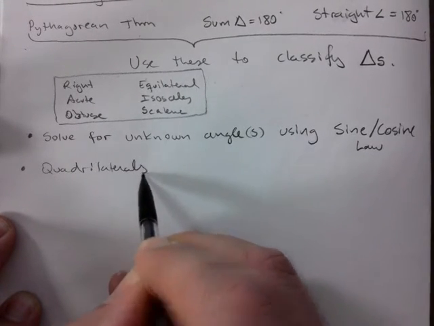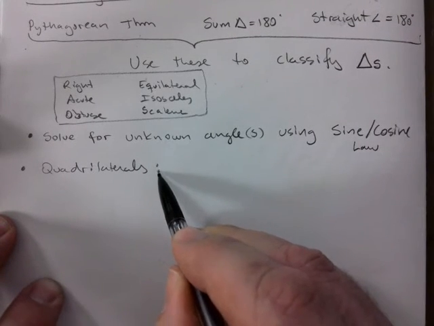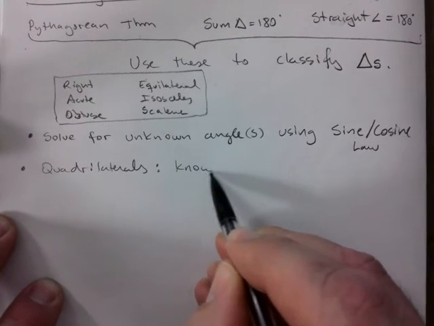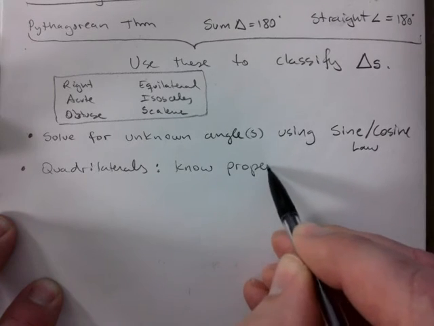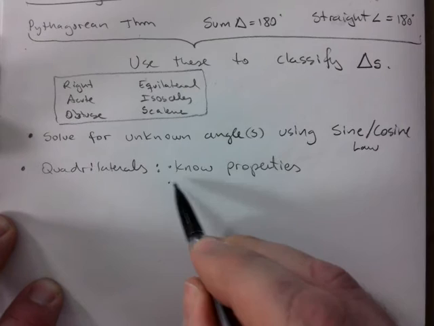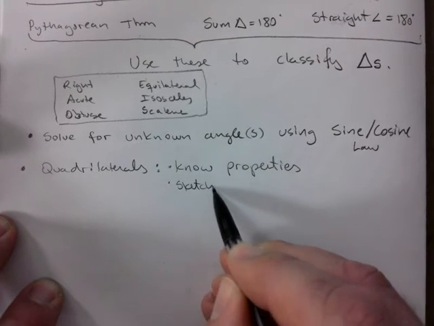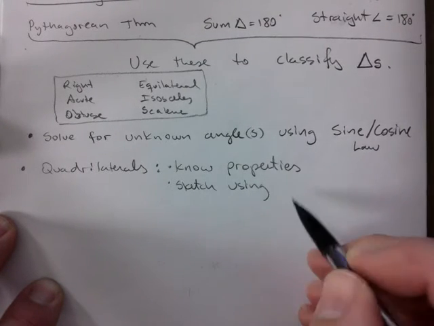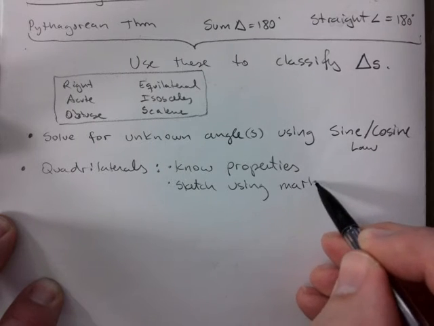Quadrilaterals, right? No properties. Sketch using markings.